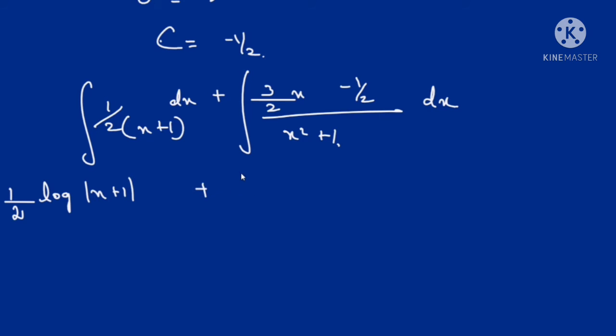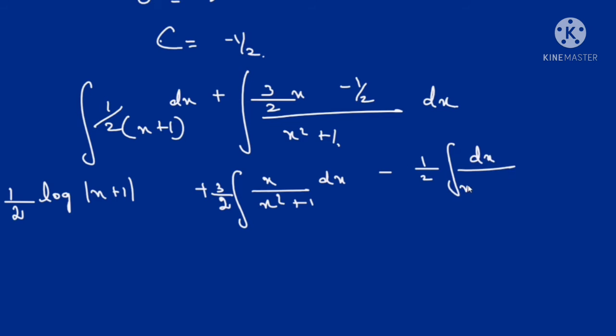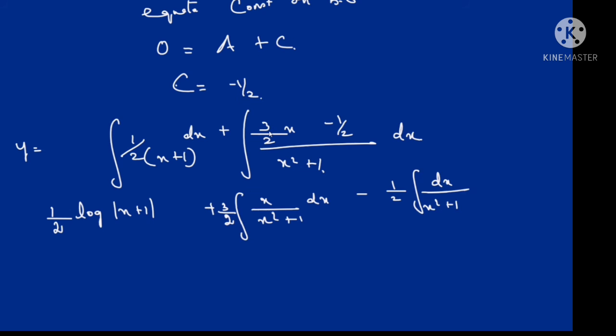What about here? 3 by 2 is a constant. Split this: x by x square plus 1 dx, minus 1 by 2, which is a constant, dx by x square plus 1.